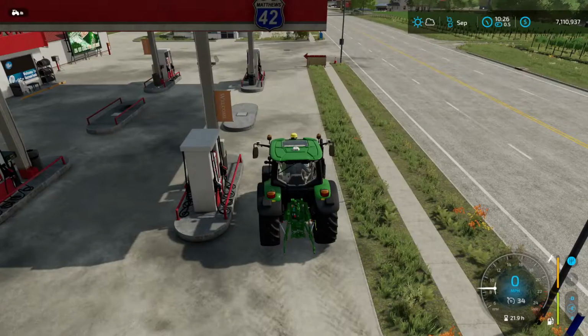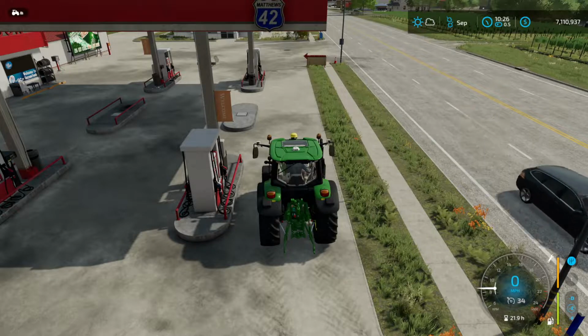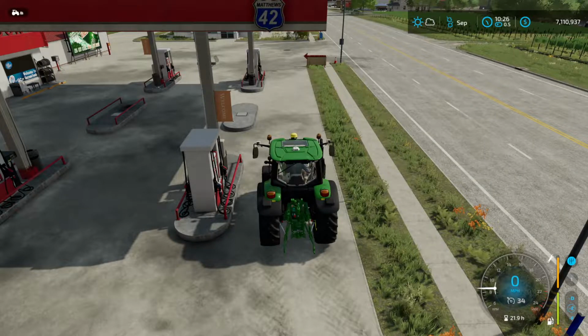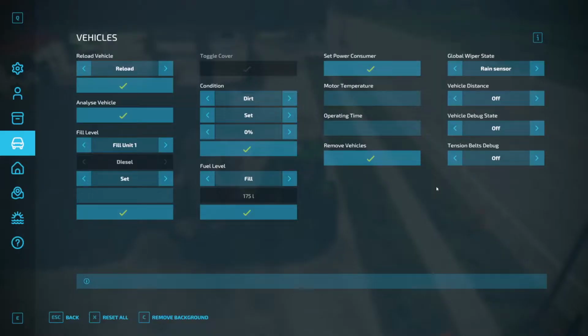So, therefore, and this is what kept catching me up. I kept thinking we were talking about 1,000 liters like we are when we go to sell at the grain store or the co-op or wherever we're selling. So let's empty, and I finally got this working too. So let's set our diesel level to 75 liters for the John Deere.